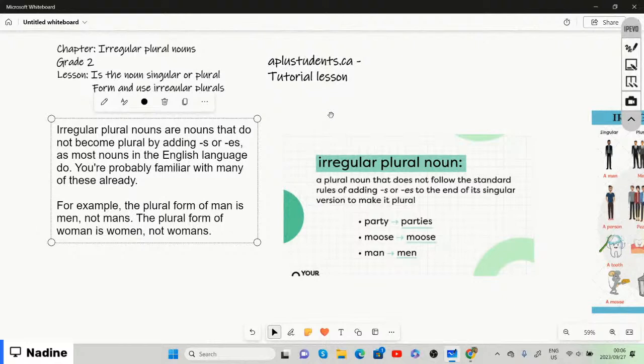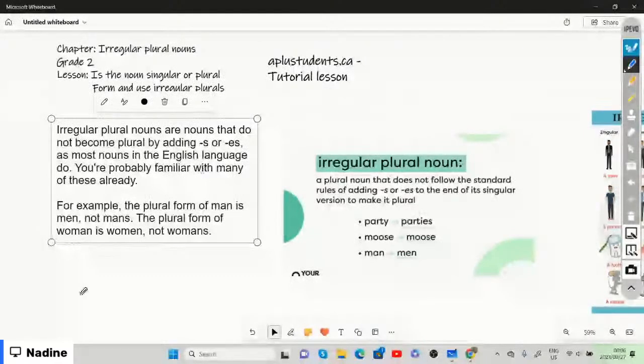So, for example, the plural form of man is men. If we look at the word man as stated in our example, man is singular. It is one man.